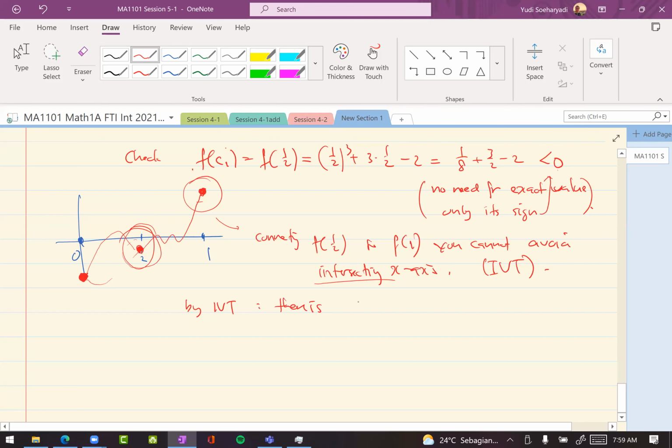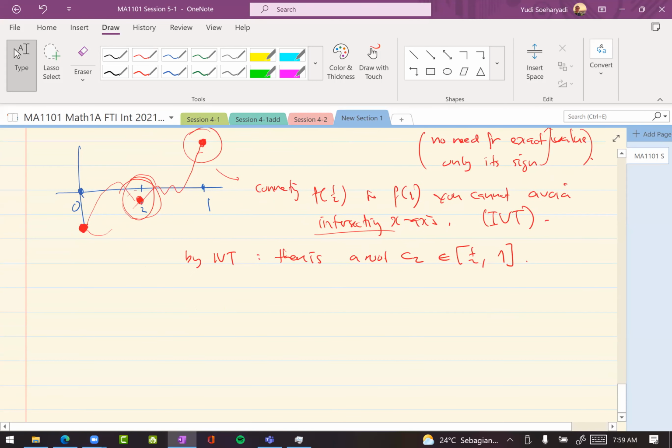So by IVT, there is a root c2 inside. So what's the error? In this case, pick c2 as the middle point of 1/2 and 1.